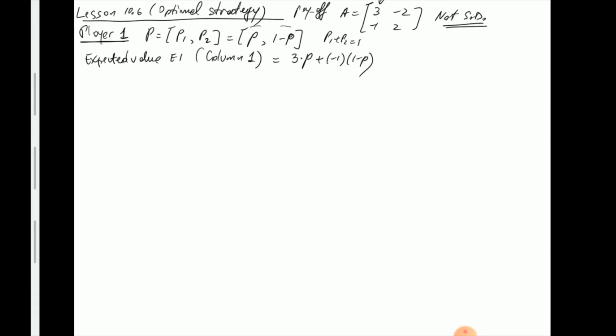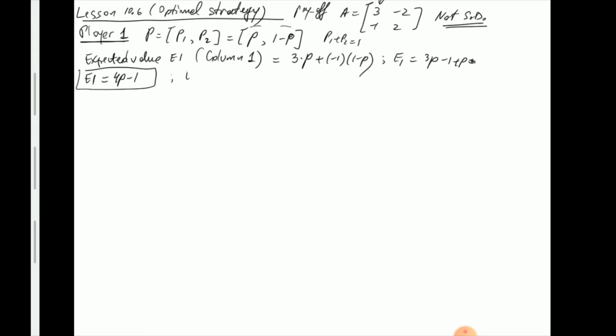So you can think of E1 as a linear equation in P, right? So that's going to be 3P minus 1 plus P. Let's do this computation. E1 is going to be 4P minus 1. All right, so that's one possibility.